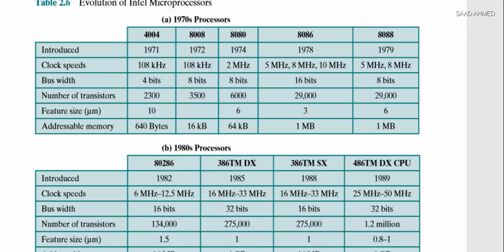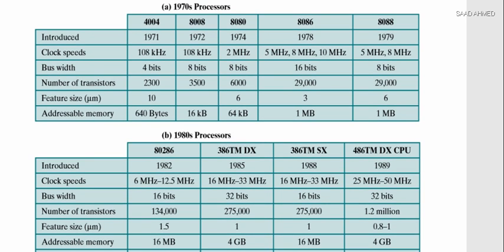Okay, let's look at the evolution of Intel microprocessors. I hope you know that Intel produced its first processor in 1971, named the 4004, and we'll look at some main characteristics. The clock speed was 108 kilohertz, and I'm going to detail later the significance of this clock speed.